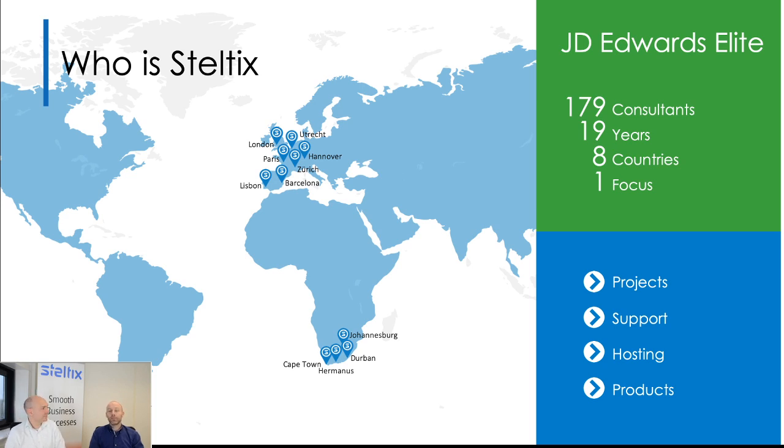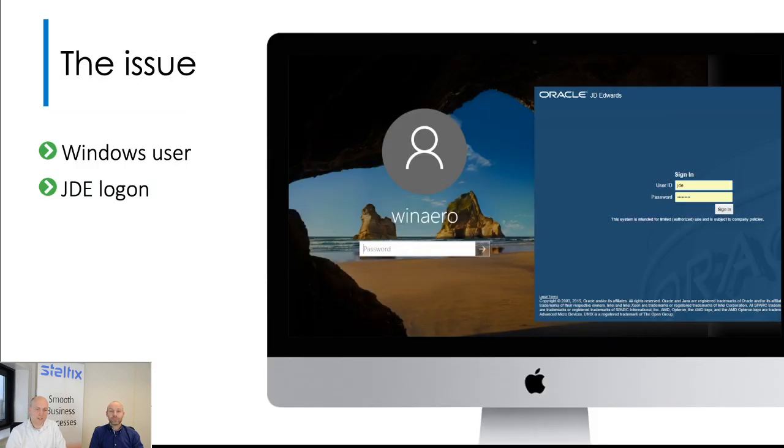What we're going to talk about today is products. That's one of the lower points there, the services, as Transparent Logon, in addition to doing JD Edwards related implementations, upgrades, rollouts, and training, and of course support. One focus, JD Edwards.